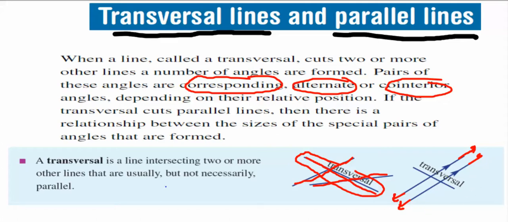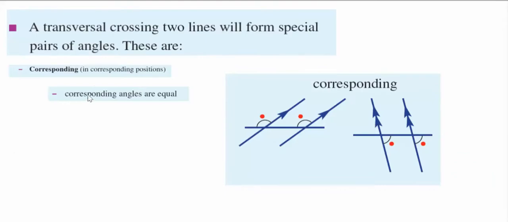Okay, first type of angle. A transversal line crossing two parallel lines will form special pairs of angles. The first one is corresponding. If I got rid of this line, for instance, and just had that line here and this line crossing it, an angle is created there.